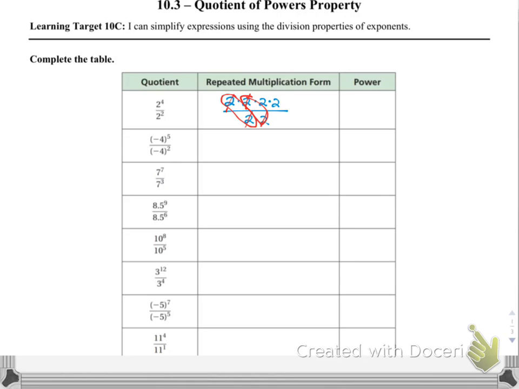What I have left over is in the numerator 2 times 2. So I'm going to rewrite that in this last column. So 2 times 2 is 2 squared. Okay? So what I got from the beginning here was 2 to the 4th divided by 2 squared. Then I ended up with 2 squared, which was simplified.